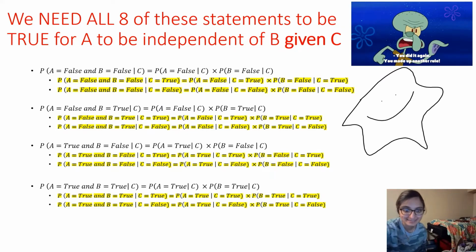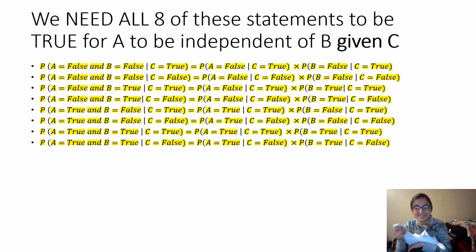Yay, highlighter. Now, we really need to test that all 8 of these statements are true. So conditioning on C being true or false, we need to test 8 statements.